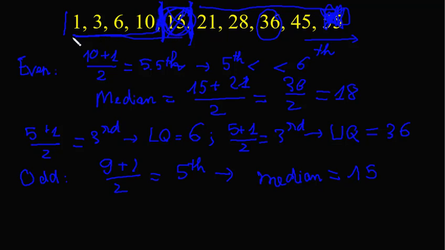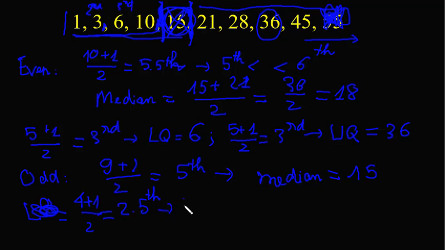So we consider from 1 to 10 here. The lower quartile location is (4 plus 1)/2, which is 2.5, in between the second one and the third one.